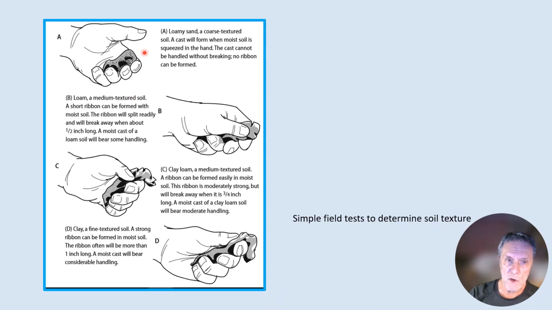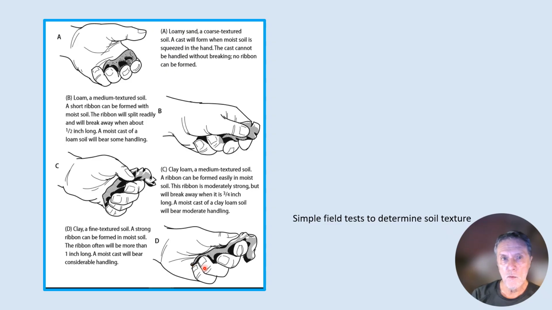So here's a picture showing how you do field texture classification. You pick up a bunch of soil in your hand, feel it and squeeze it. A cast will form if it's moist. Then with more silty or clay soils, you can actually mold it and roll it around in your hand.